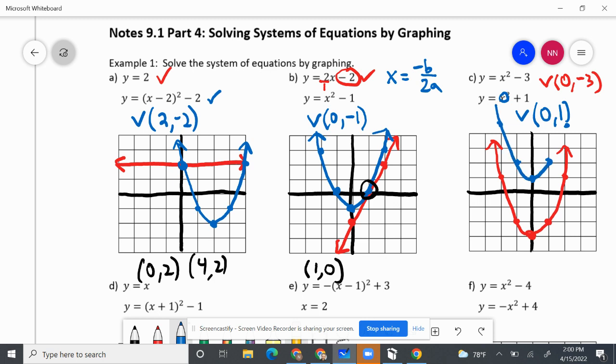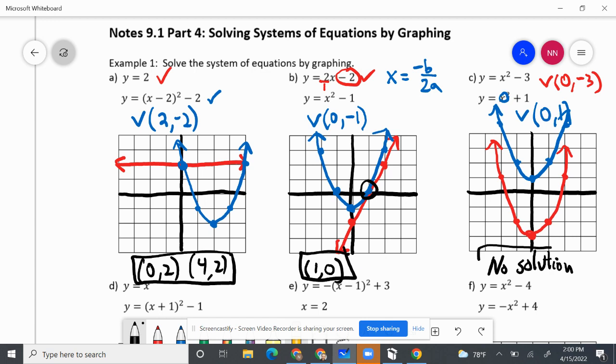Now, looking at this one, what you should notice is that the graphs do not cross. So that means our answer is no solution. So sometimes we have two answers, sometimes we have one answer, and sometimes we have no answers. Pause the video for a second, try those next three, and then see how you do.